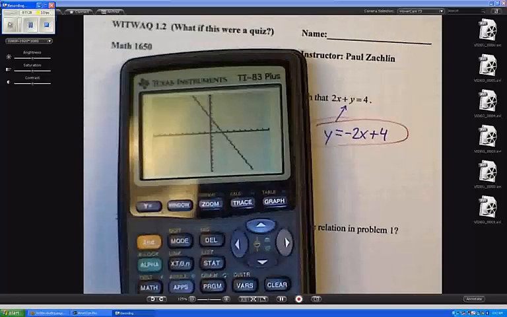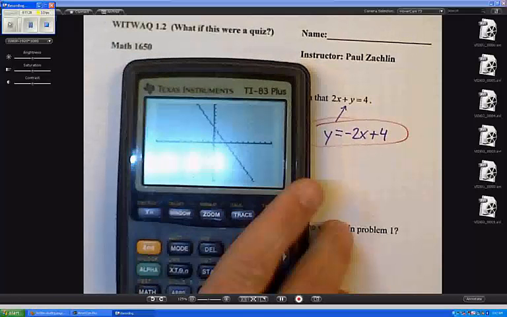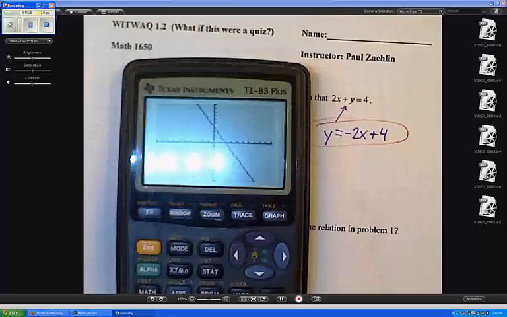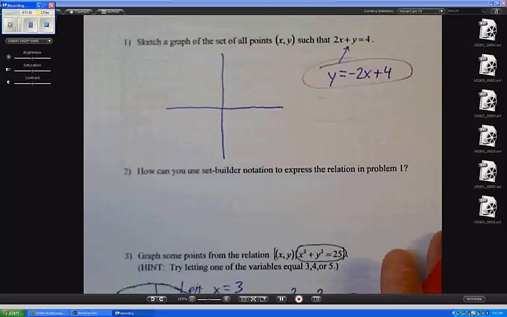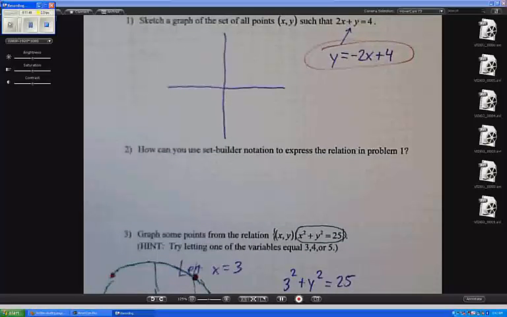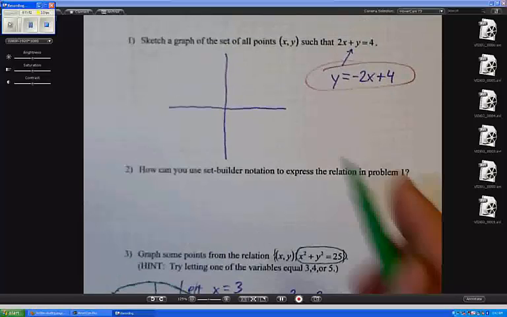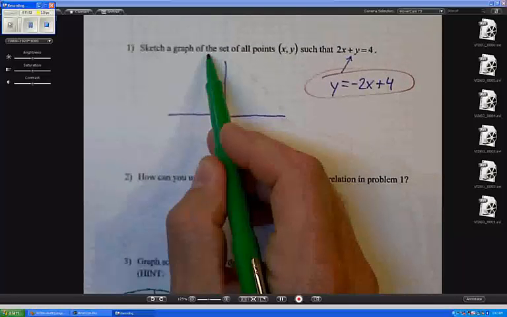But now back to number 2, which was asked about. How would I use set builder notation? Okay, well, here, guys. The set of all points x, y. How would I start writing that?